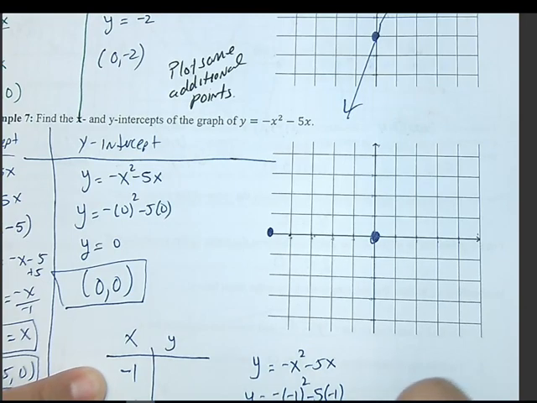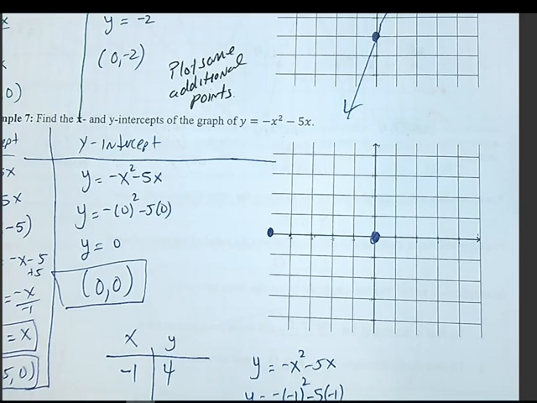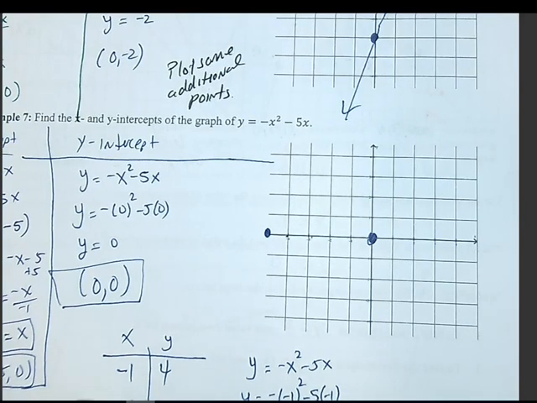So we get 4. And if I plug in -2, we get -2 squared is 4 times negative, and this would be +10.